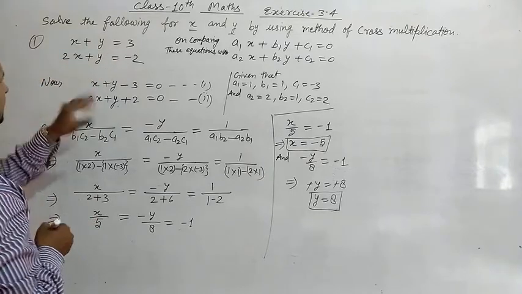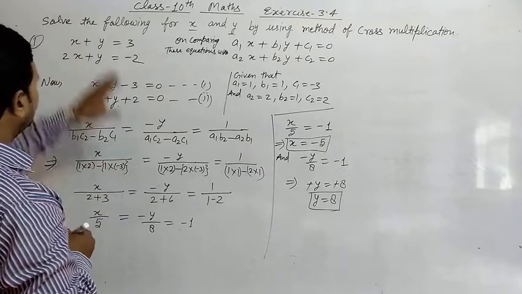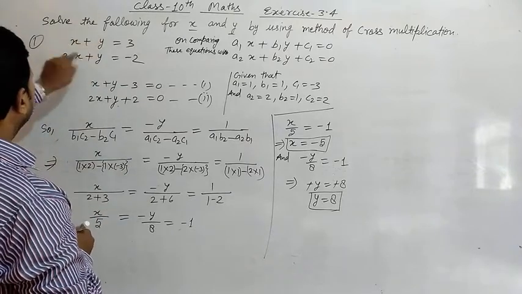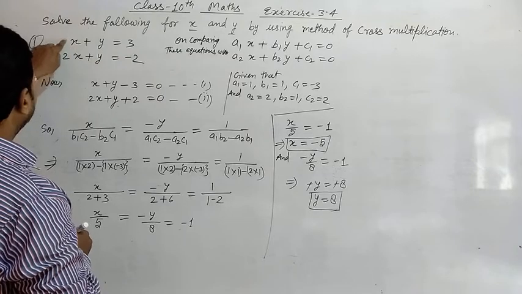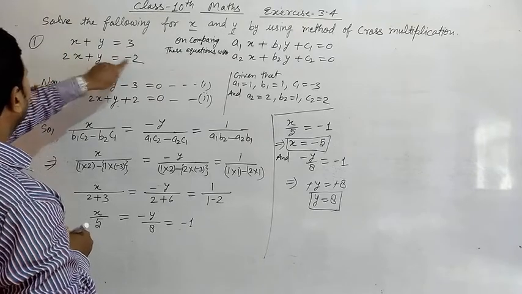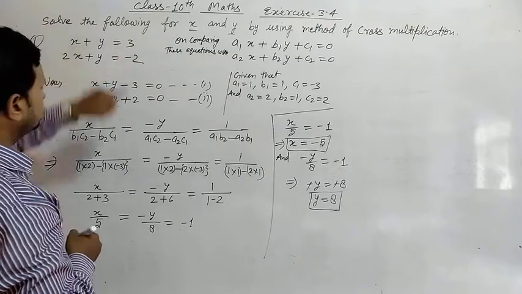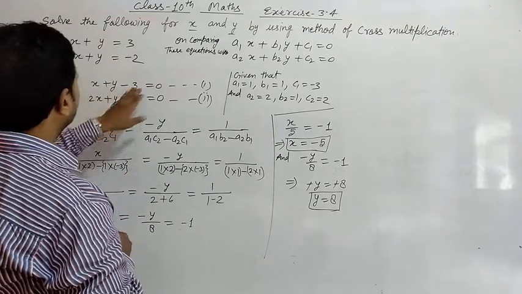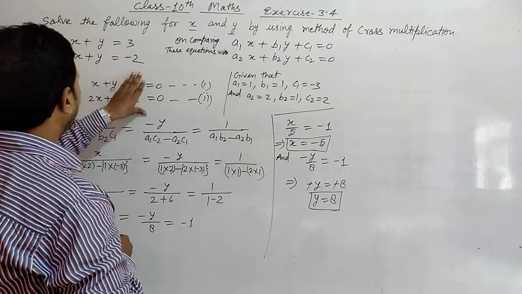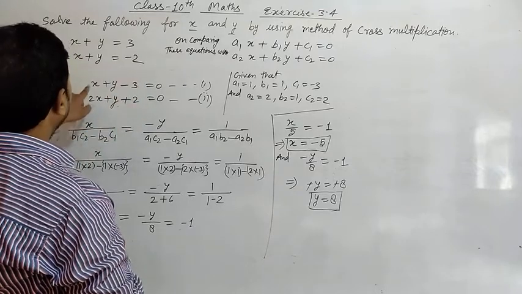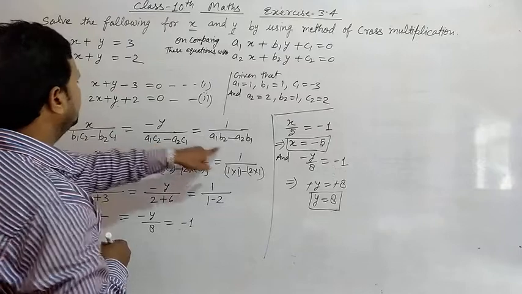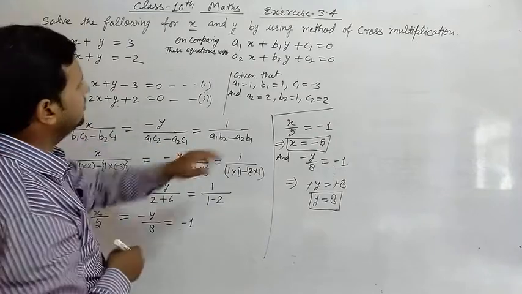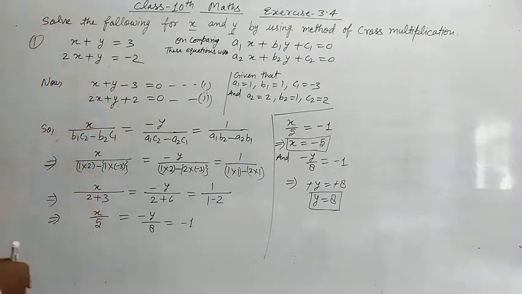After that, minus y upon a1 into c2 minus a2 into c1. Again, for the constant, we have to hide it. Now a1 into b2 minus a2 into b1. Only this formula we have to apply.